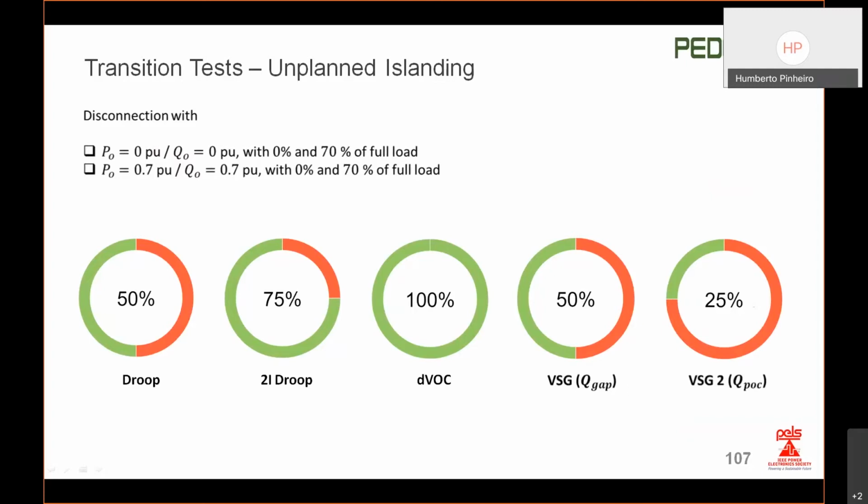You can disconnect with full load at the microgrid, but you can also disconnect with no load at the microgrid. So the transient behavior will change depending on these combinations. Here the DVOC has the best result, I would say. And then the droop control also, the droop control is a little bit, okay, let's move on. I don't remember exactly what happened in the droop control, but let's see.